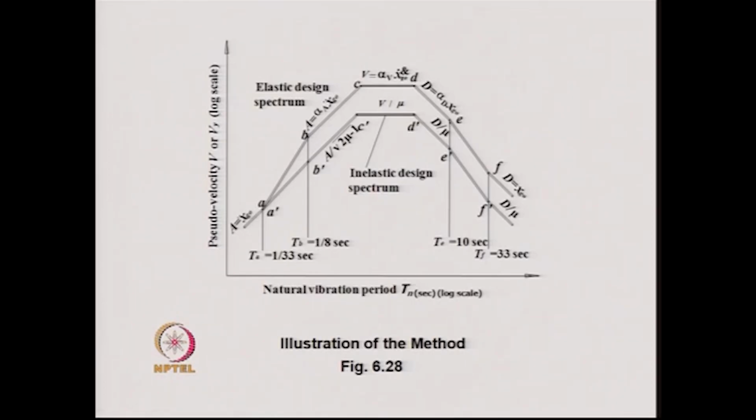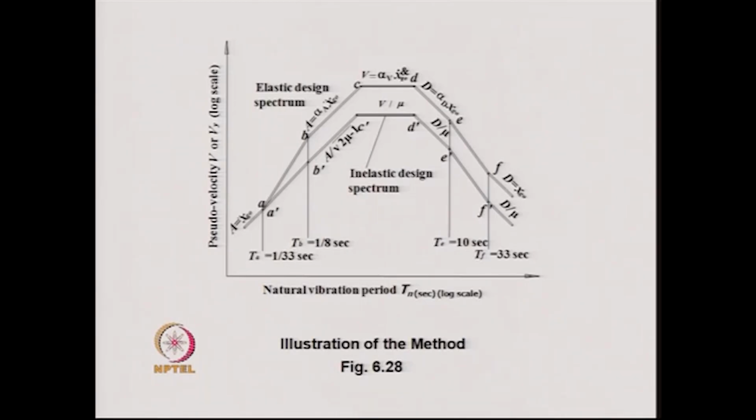Now, once we have those peak ground values, the peak ground acceleration, peak ground displacement and peak ground velocity, and from there the baseline is obtained, then by multiplying the ordinates from that line by factors alpha A, alpha V and alpha D, we obtain the elastic design response spectrum curve.